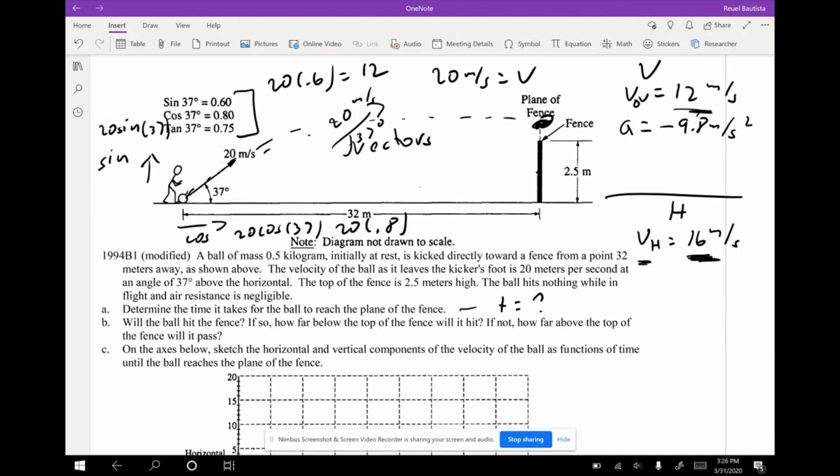I can easily find time, since I know there's no acceleration, using velocity is equal to distance over time. So we just do 32 divided by 16, which gives us 2 seconds. So I know this will take 2 seconds.